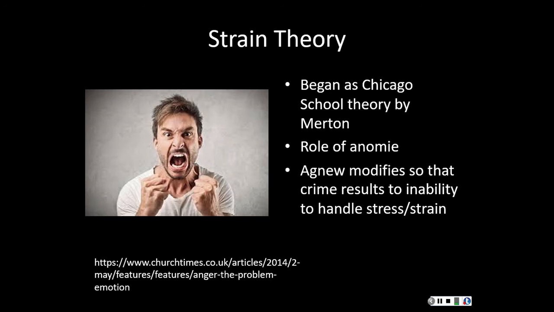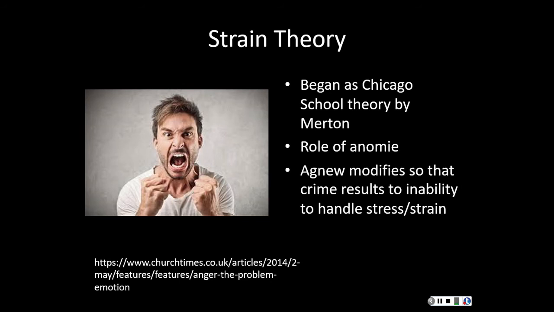And his term for anomie is that people that were living in socially disorganized low-income neighborhoods felt a strain because they couldn't meet society's expectations legally. And because of that strain, which he called anomie, people then, in order to meet the standards that society set, used illegal means to accomplish those standards.